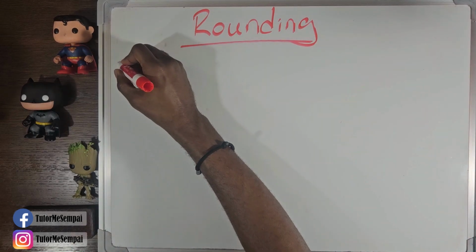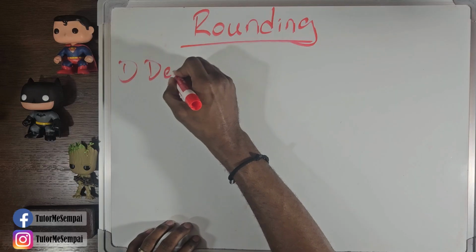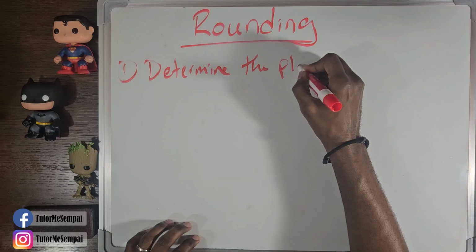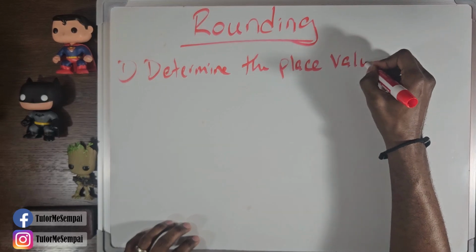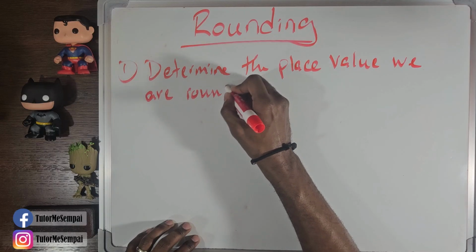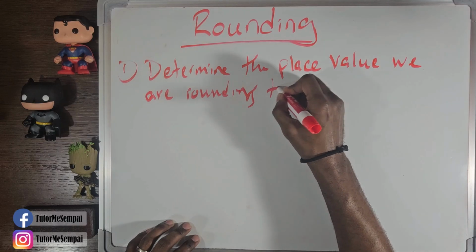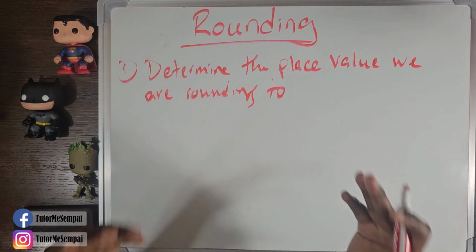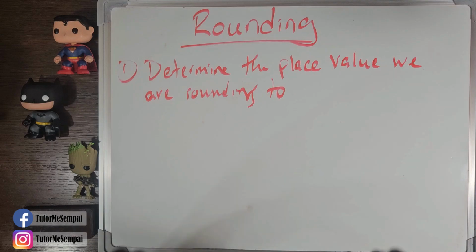So the first thing we want to do is determine the place value we are rounding to. Once we know that, we can then proceed with doing our question.